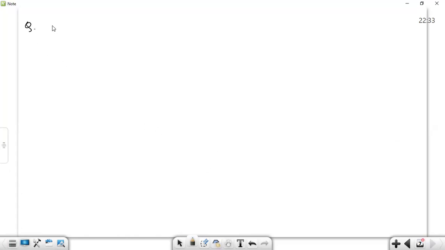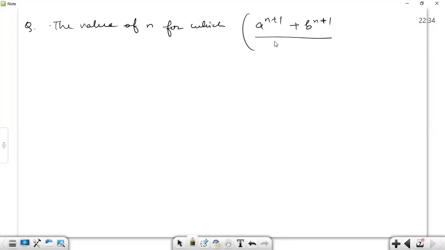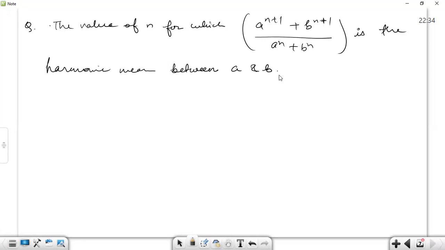We have to find the value of n for which (a raised to power n plus 1 plus b raised to power n plus 1) divided by (a raised to power n plus b raised to power n) is the harmonic mean between a and b.